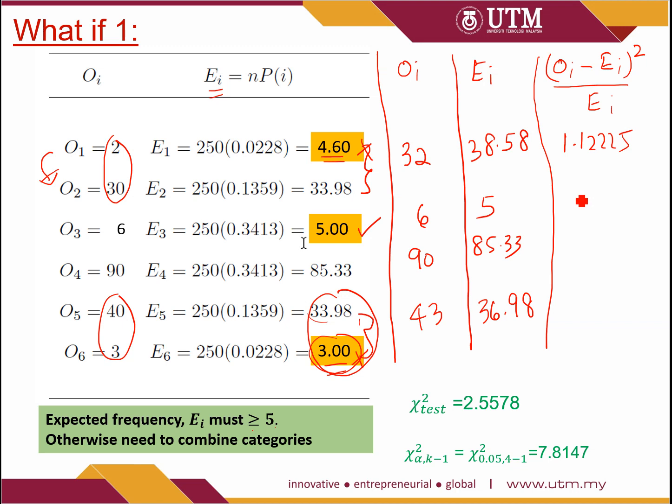This one you would have 0.2. This one 0.2556. Please check whether my answer is correct or not. And another one is 0.98. And then sum all of the values in here. Then you would have your chi-squared test is 2.5578.